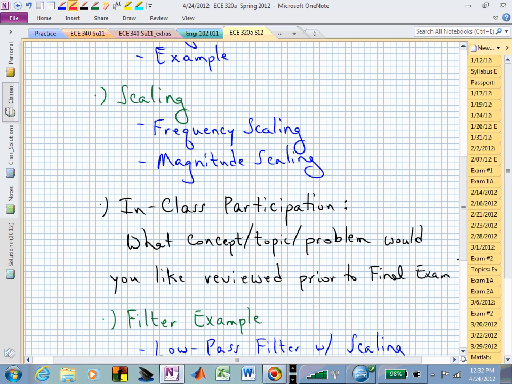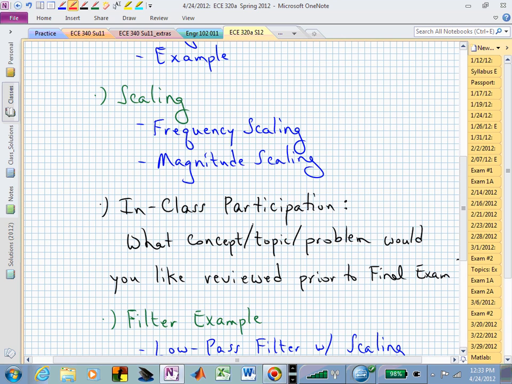And now if somebody says, oh, I really want a low-pass filter with a bandwidth of 10,000 hertz, we can now scale that 1 radian per second low-pass filter to have a bandwidth of 10,000 hertz. And obviously I'm using 2 different frequencies, radian per second and hertz, and you need to make sure that you're consistent with those terms.